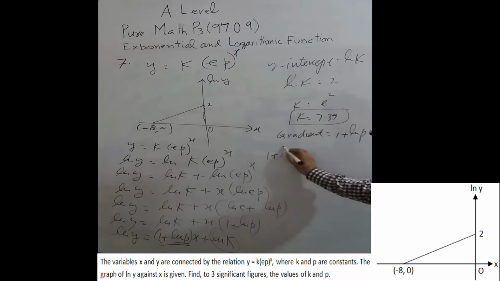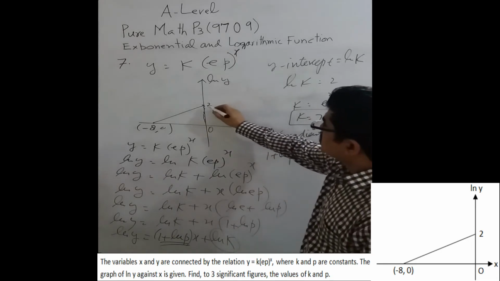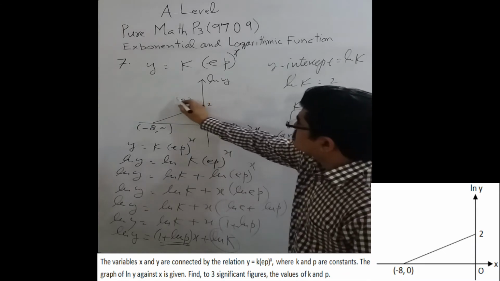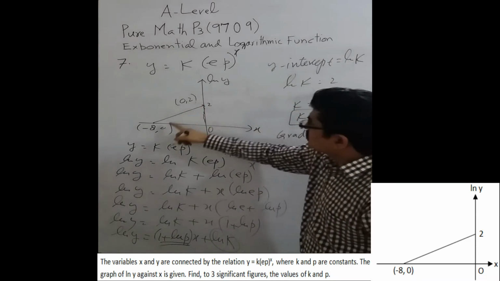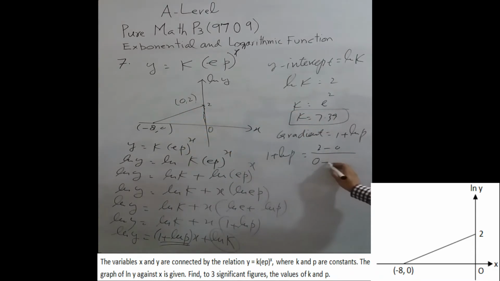So 1 plus ln p is equal to the gradient, which from this diagram you can find taking this point as 0, 2. From this diagram the gradient is y2 minus y1 over x2 minus x1. So this is equal to 1 over 4.